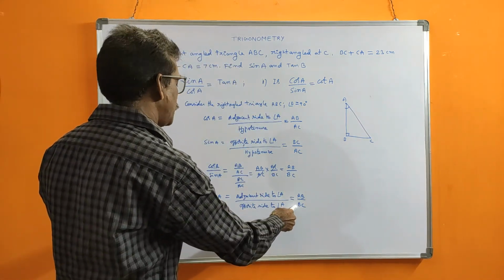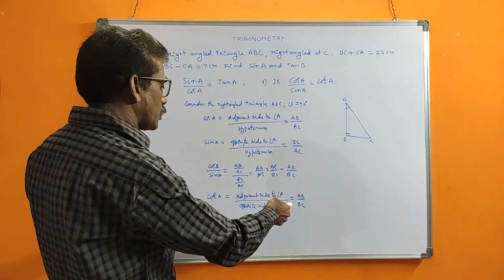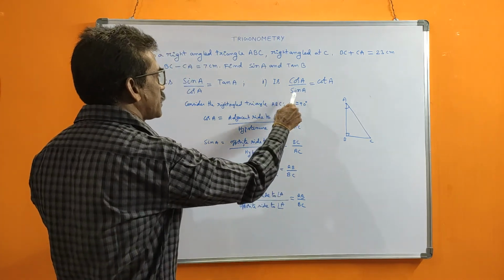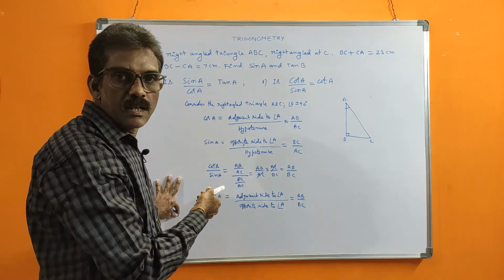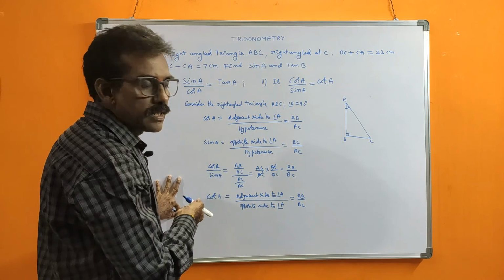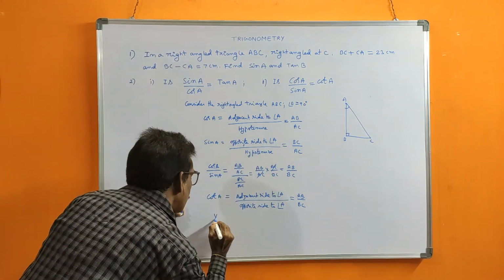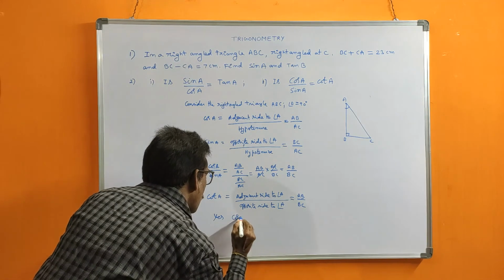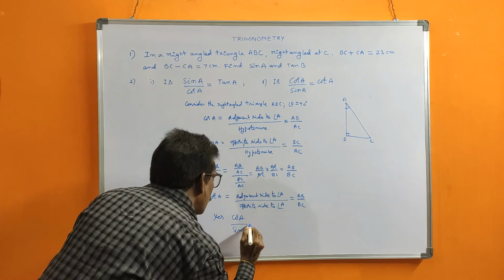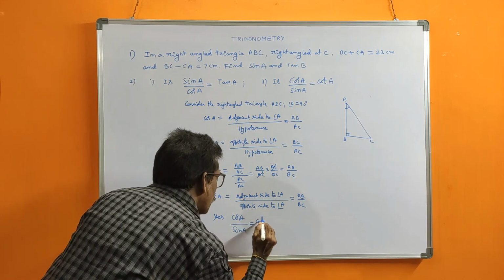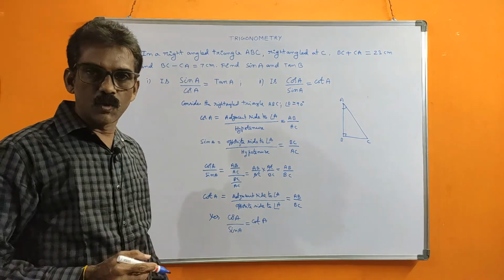Cot A is AB by BC, and cos A by sin A is also AB by BC. Both are equal. Is cos A by sin A equal to cot A? If it is right, you tell yes; if not, you tell no. Here it came correctly, so yes, cos A by sin A is equal to cot A. So like this we can prove.